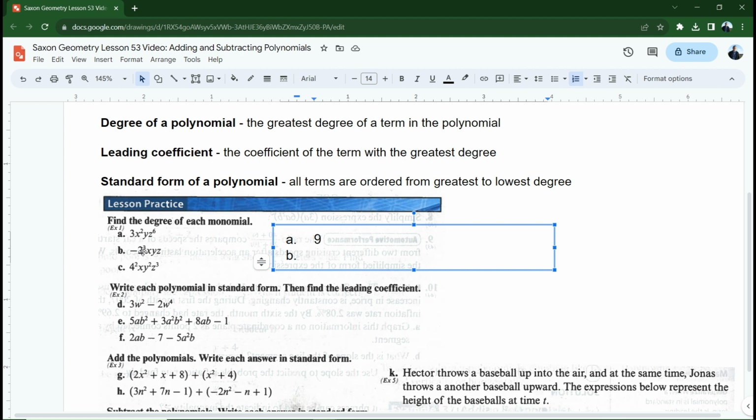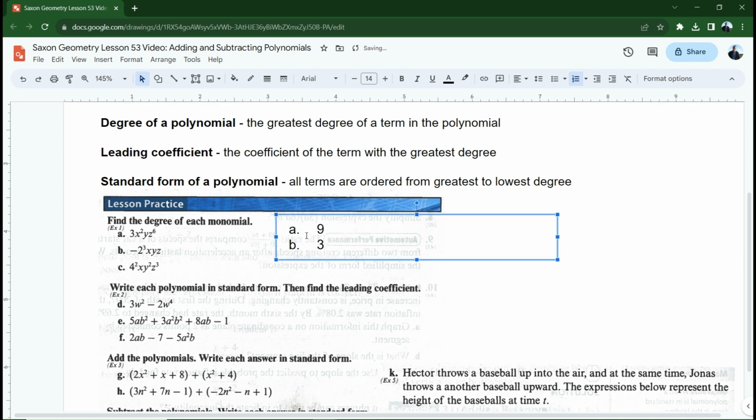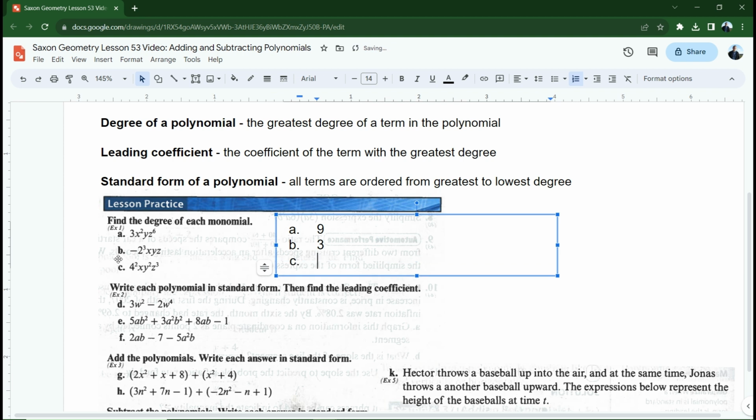I only care about exponents of variables. So this is 1 plus 1 plus 1. Each of these has an exponent of 1, so 3. All right, let's do letter C. Again, I don't care about the exponent on the constant at the beginning, but on the variables, 1 plus 2 plus 3 is 6. And that's A, B, and C.